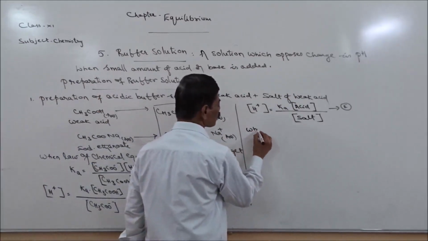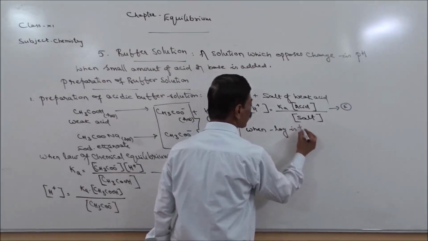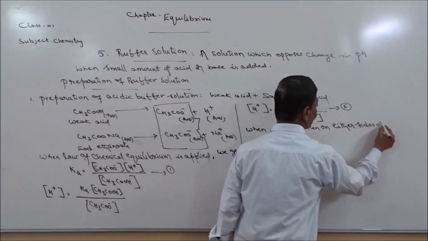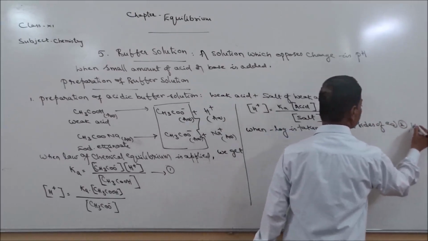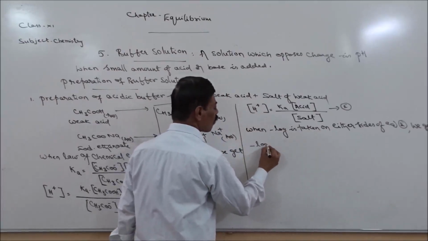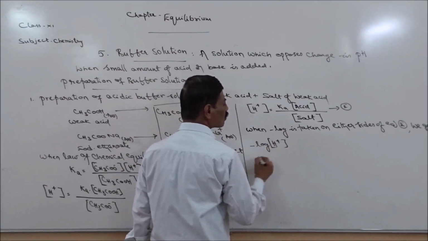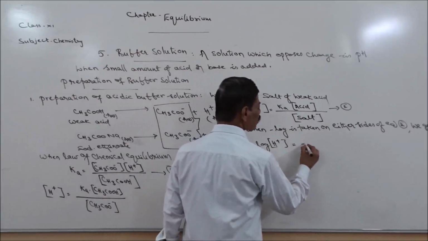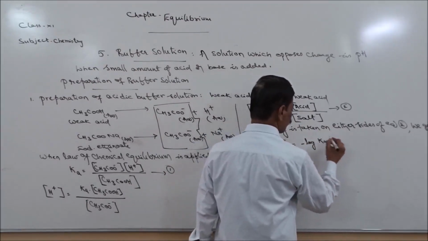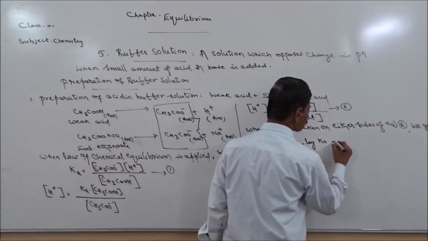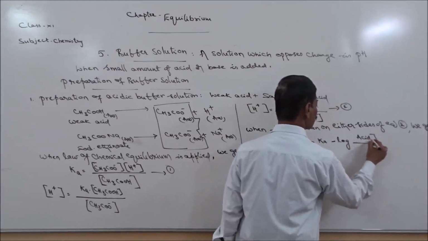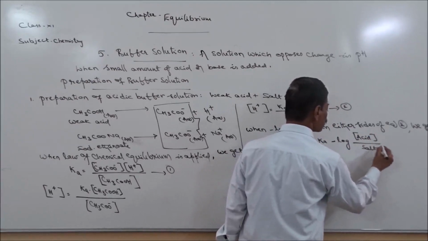So when minus log is taken on either side of equation 2, we get minus log of H+ ion molar concentration is equal to minus log of Ka minus log of the molar concentration of acid divided by the molar concentration of salt.